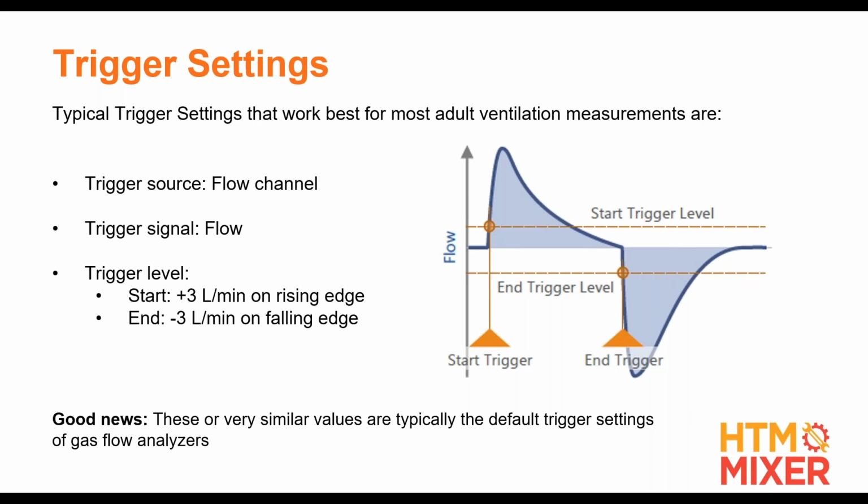And some analyzers out there have different defaults for pediatrics and high frequency as well. So for about 90% of the time, if you set the default values, they're fine. It's only when you start to have noisy signals that it becomes a problem. Surprisingly, what really affects your triggering a lot of times when you're doing testing is how good is your test lung.